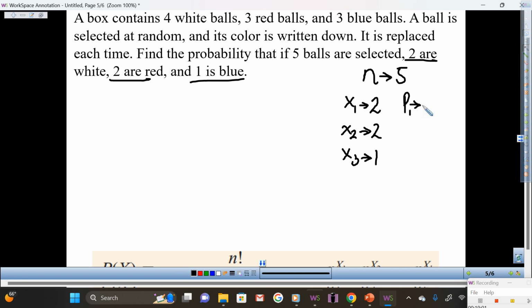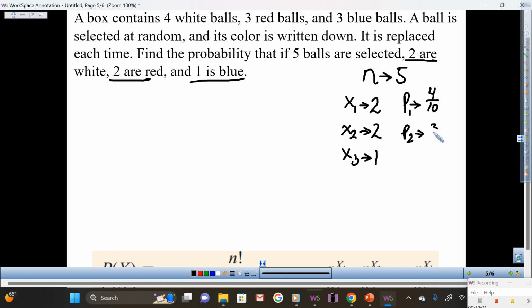All right. So probability of a white. We're not looking at this yet. Just what would be the probability of a white? 4 out of 10, that is correct. Let's go! Which means the probability of a red is what?